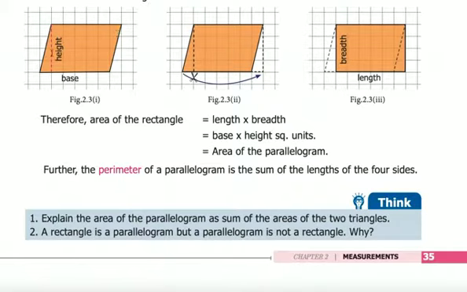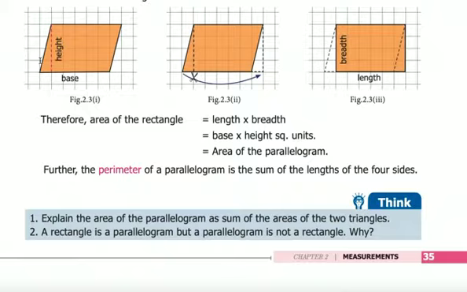That can be done if you draw a line from here to here. Then it forms two triangles, right? Find the area of one triangle and double it, you will get the area of the parallelogram.